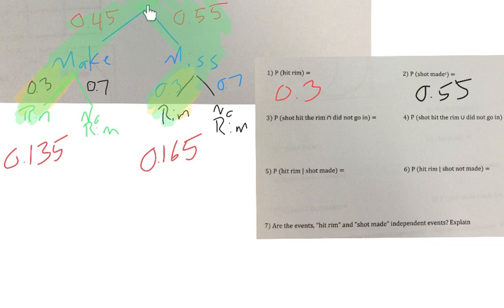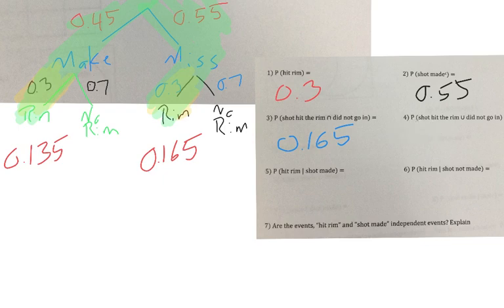So we would multiply 0.55 times 0.3, which we've already done. It's 0.165. Wait, they didn't hit the rim though. Oh, wait, right. These did hit the rim. We need to finish this. That'd be 17%, or 0.165.